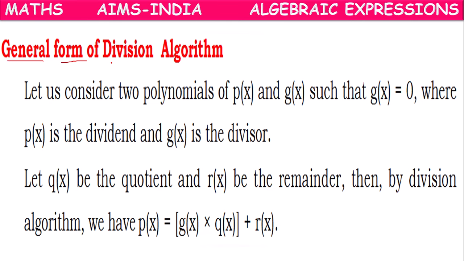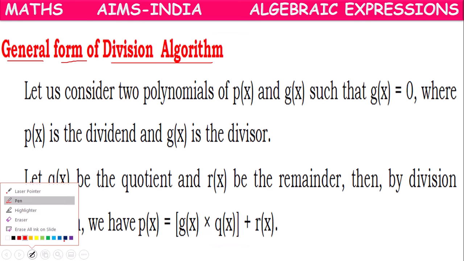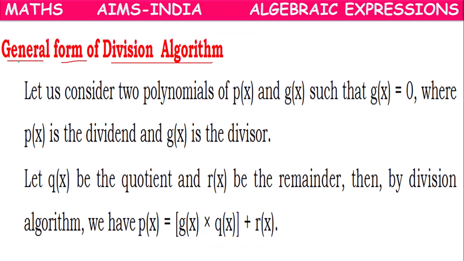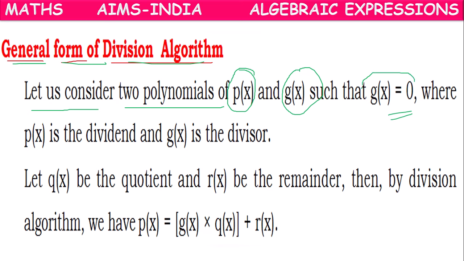General form of division algorithm. So let us consider two polynomials. One is p of x, another one is g of x, such that g of x is not equal to 0.